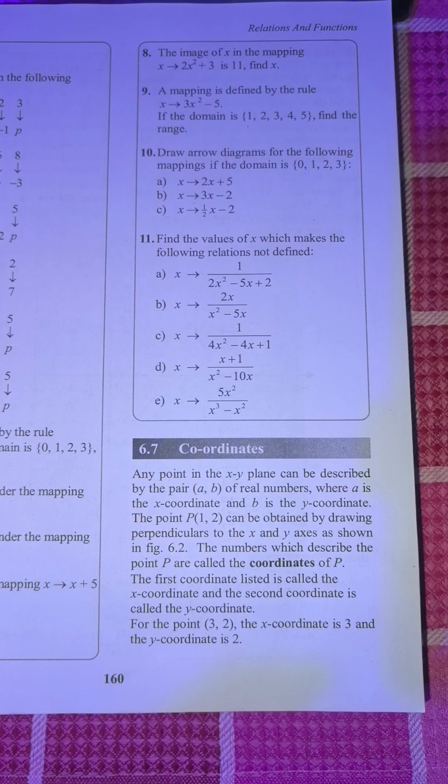And coordinates are normally represented by X and Y. So when these X and Y meet at a point, which we call the perpendicular point, that is where a coordinate, or a point, is developed. So we need 2 elements, the X values and the Y values, like we saw in the set of ordered pairs. So that's basically what it is.